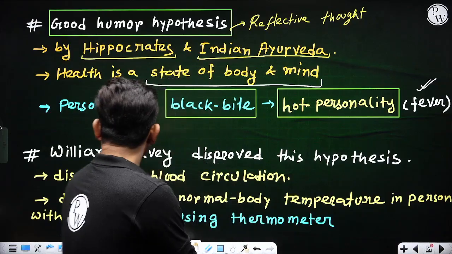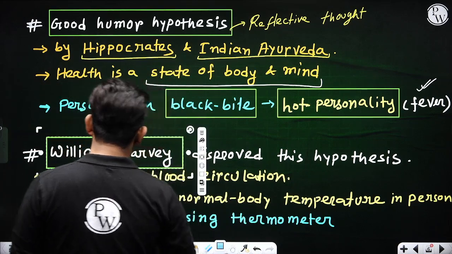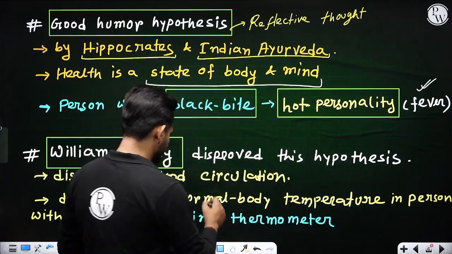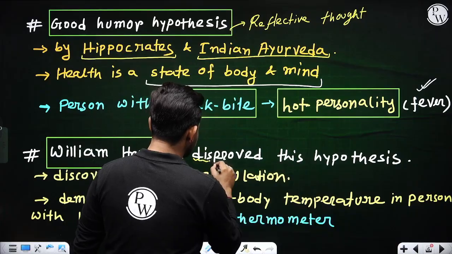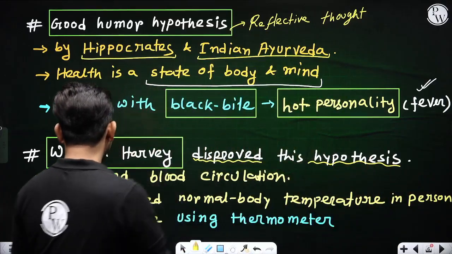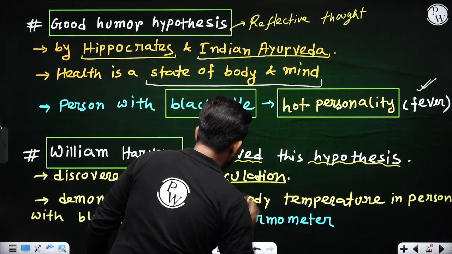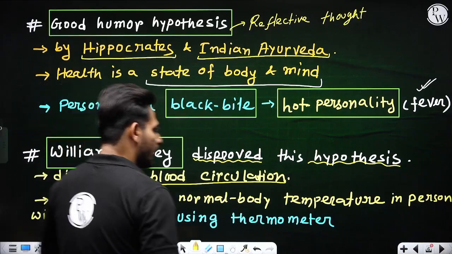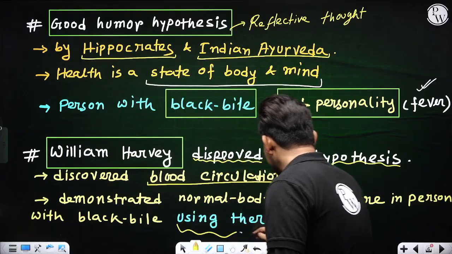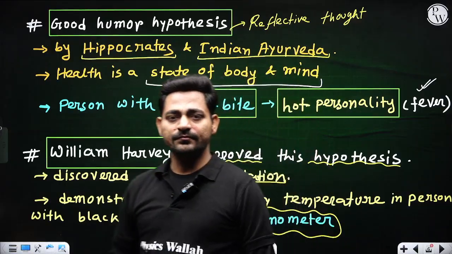But later on, with the discovery of blood circulation, William Harvey, the father of blood circulation, disproved the good humor hypothesis. Now, how did he disprove it? He used thermometers to measure the body temperature of different persons.